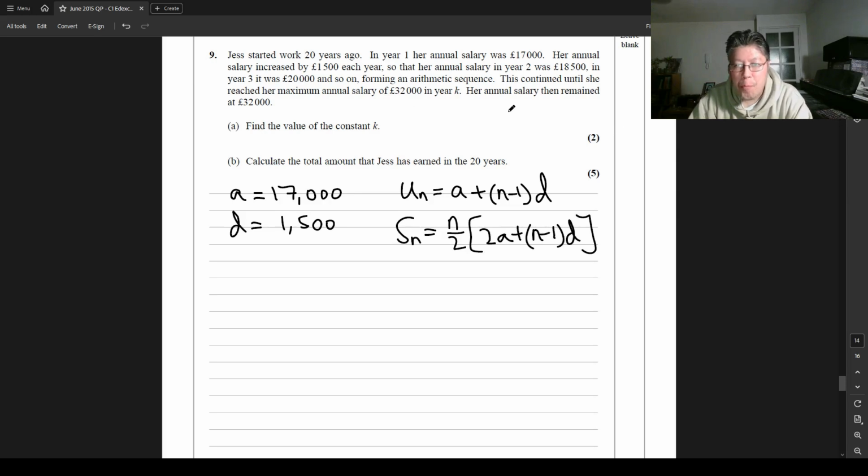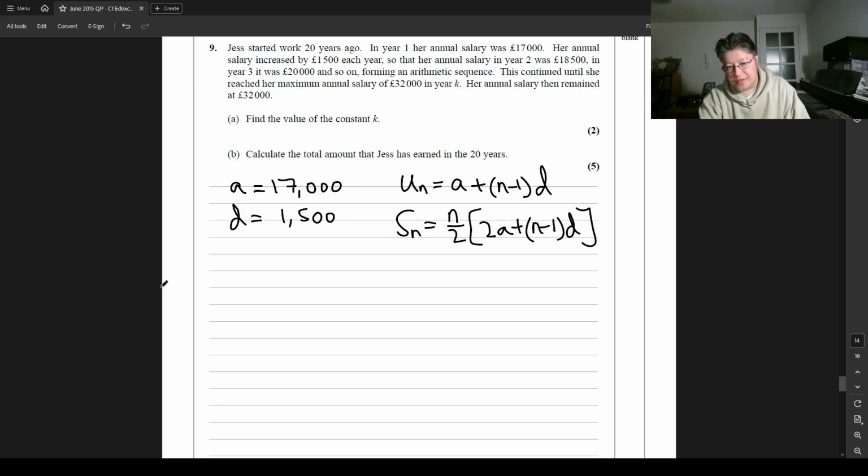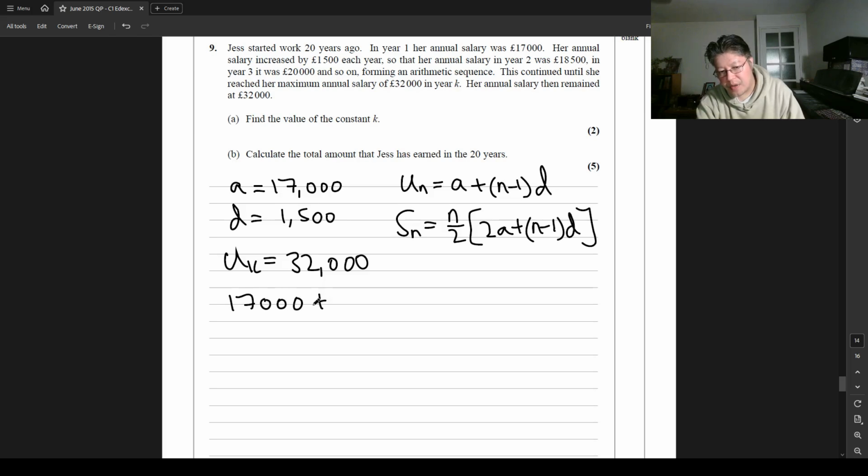Okay, so we're told that in year K she earned £32,000 and we need to work out K. So u sub K equals 32,000, and we're going to replace uK with our numbers and K. So let's replace uK with this formula where A is 17,000, D is 1,500 and n is K. So we end up with a plus K minus 1 d should equal 32,000, and we can now solve this for K.